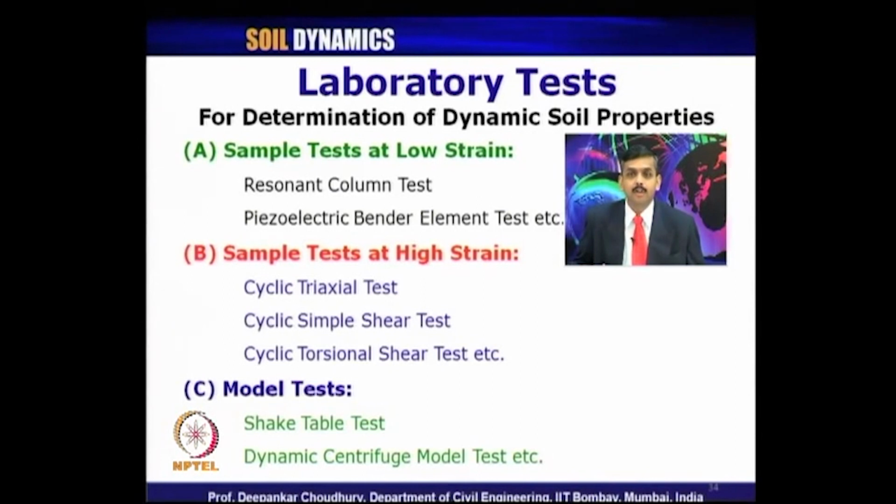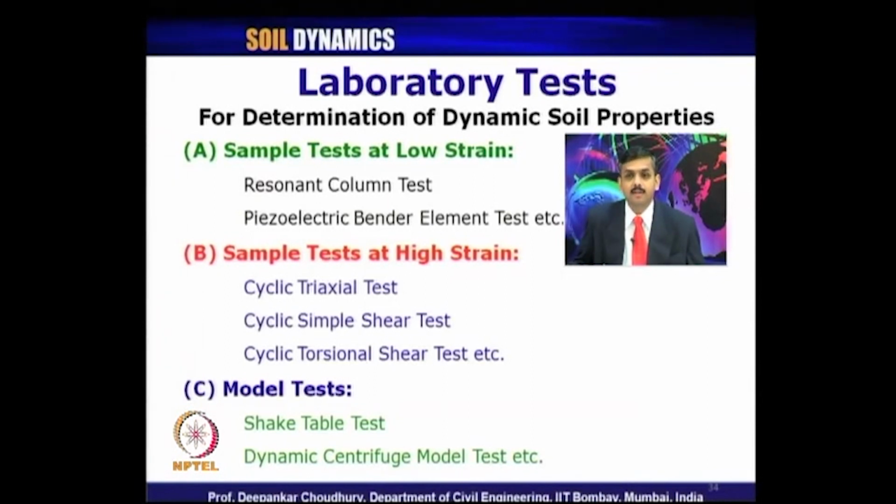Then another category can be sample test at high strain level, and within that sub classification we have different tests like cyclic triaxial test, cyclic simple shear test, cyclic torsional shear test, etc. And another category is model test.